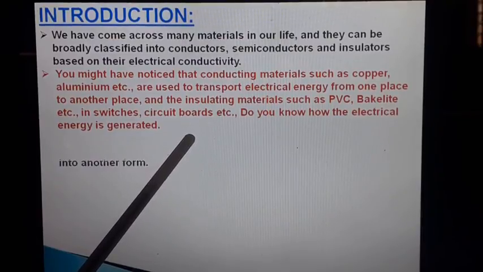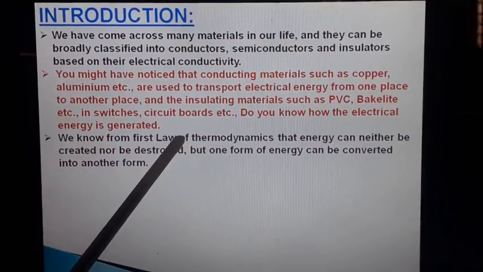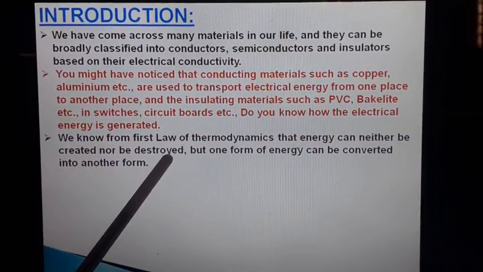Next, the first law of thermodynamics is the basis for electrical energy and any other energy.